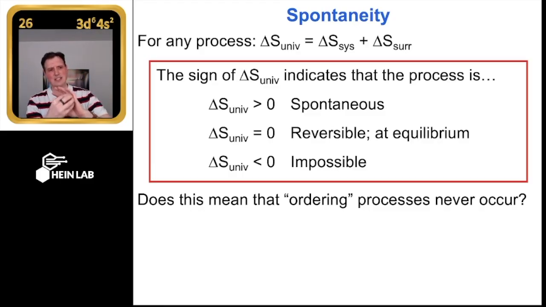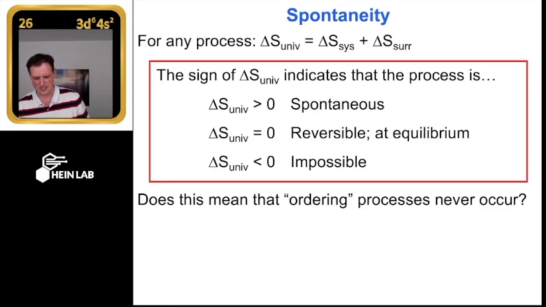What do you think the delta S is if I take something that was dissolved and turn it into a perfect crystal? It's probably going to be negative because I am ordering it. I'm taking matter that used to be floating around, happy and free, and now it's locked up in this perfectly ordered crystal. Yeah, it's going to have a negative delta S associated. But it happens. Crystallization can happen.